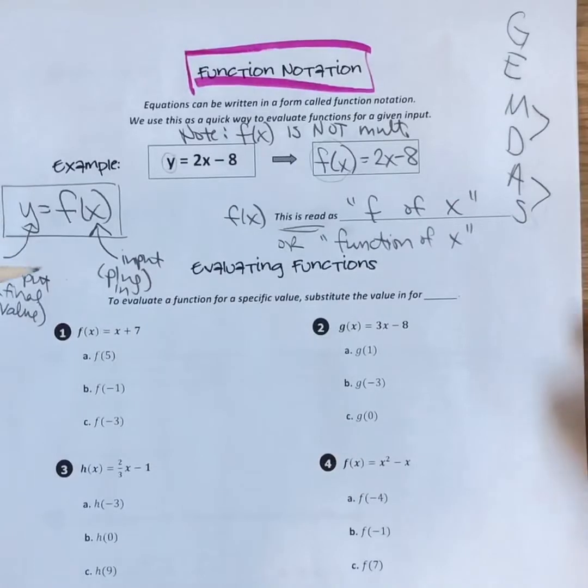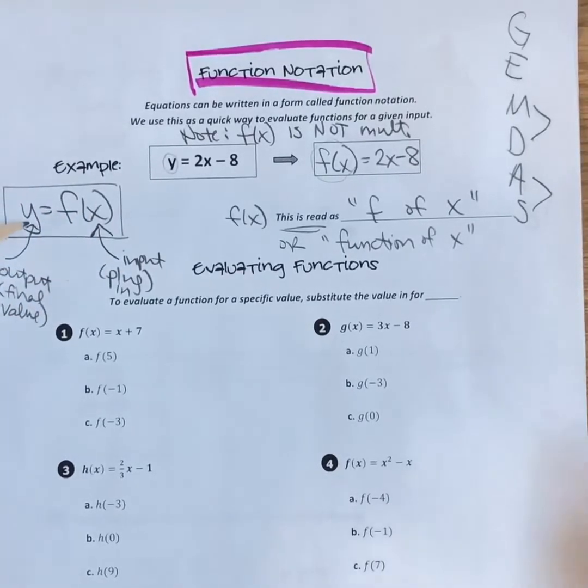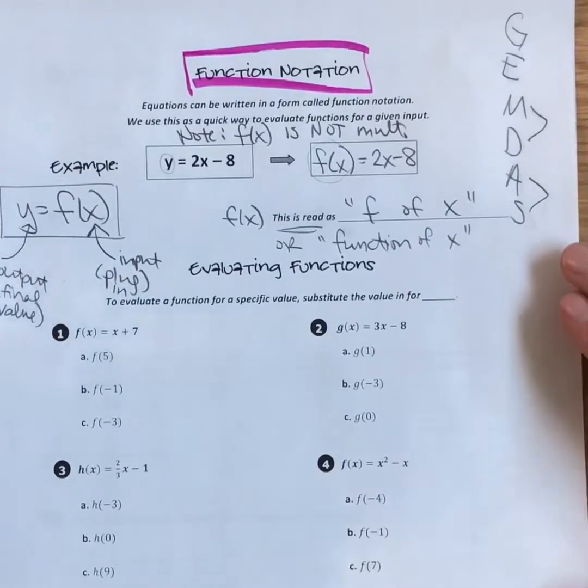And then of course later on we're going to get to all the vocab for functions and relations, and we're going to talk more about not just input for x, but domains, and then not just output for y's, but range, okay?